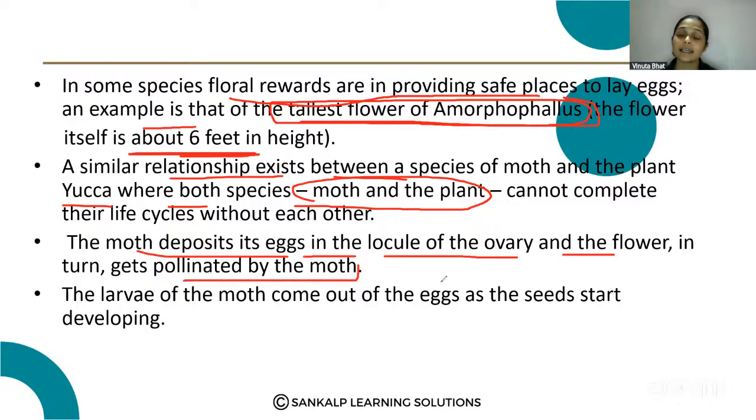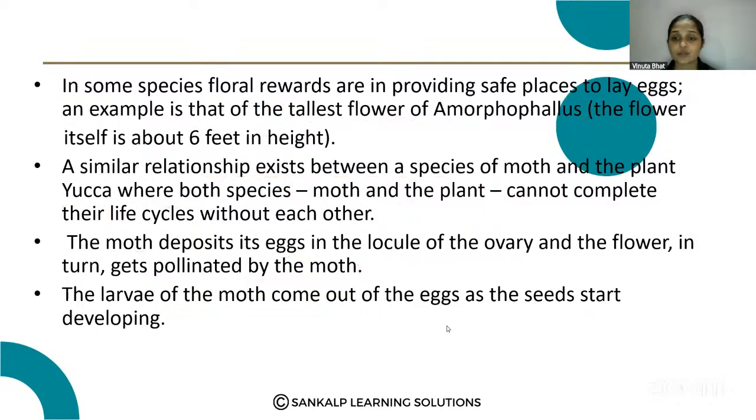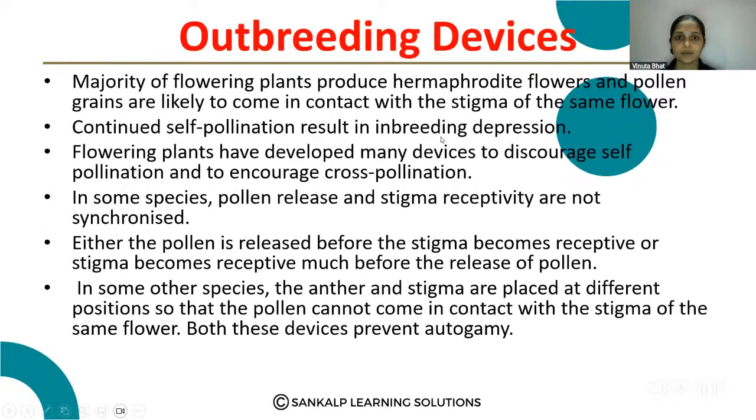The larvae of the moth come out of the eggs as the seeds start developing. This is how the mutual relationship is found between the moth and the flower. This is very important.